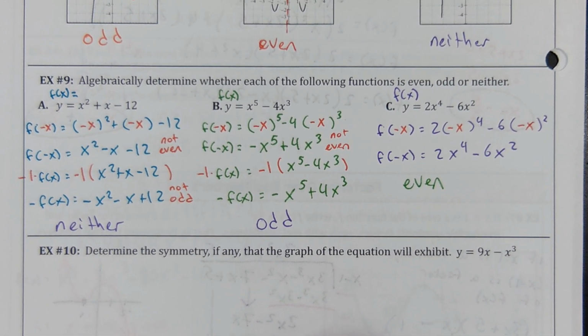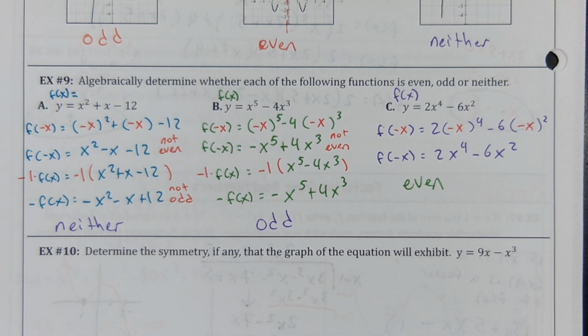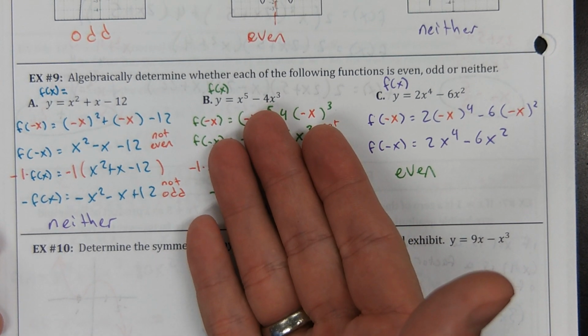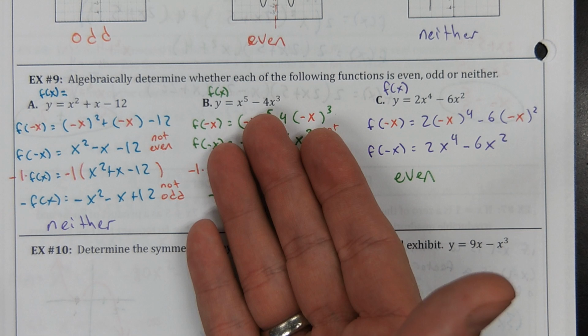So, secrets, tricks of the trade. Here they are. Your guys are packing up. That's unfortunate. In order for a polynomial, and it must be a polynomial, these things I'm telling you are only for polynomials. In order for a polynomial to be odd, every term must have an x, and every exponent has to be odd.